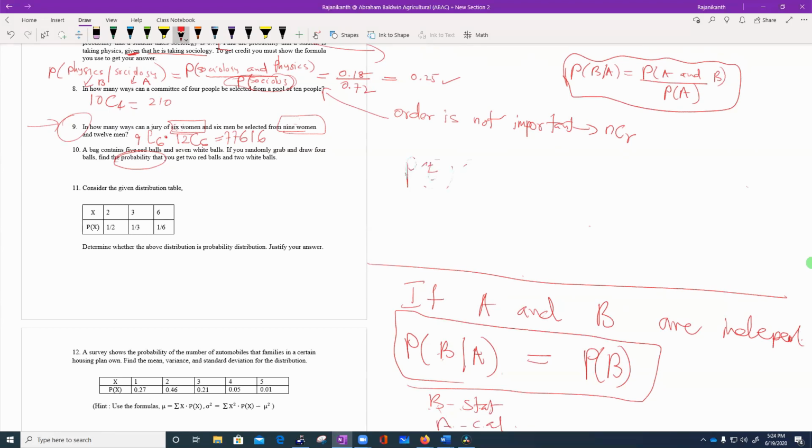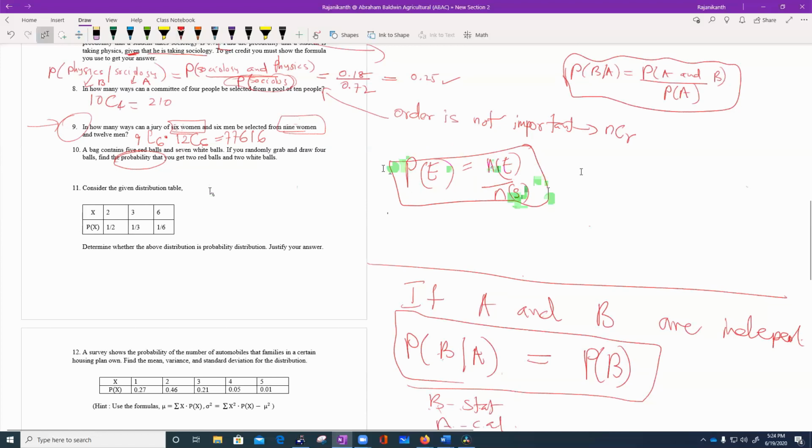P of E is always going to be N of E over N of S. The very basic formula we studied under the probability topic in this course. Probability of any event E is given by the number of possibilities from that event divided by the number of possibilities from your sample space, all the possibilities. Okay, you have to use this formula now.